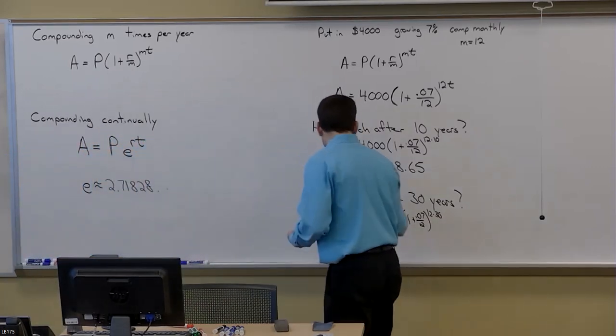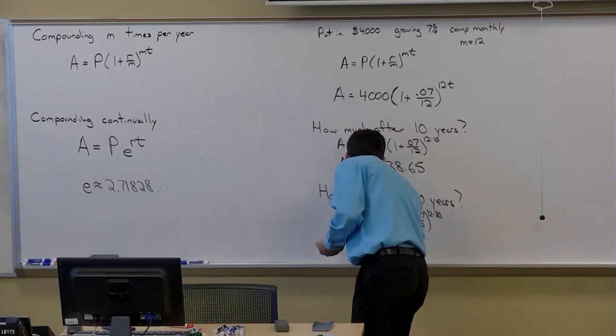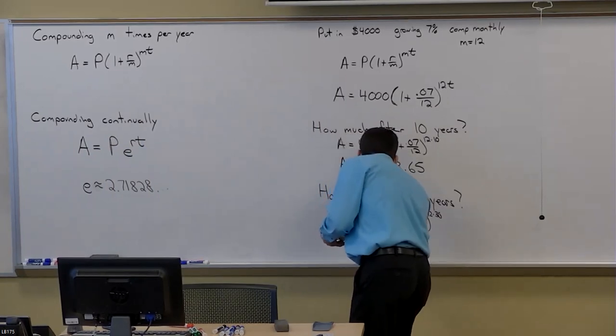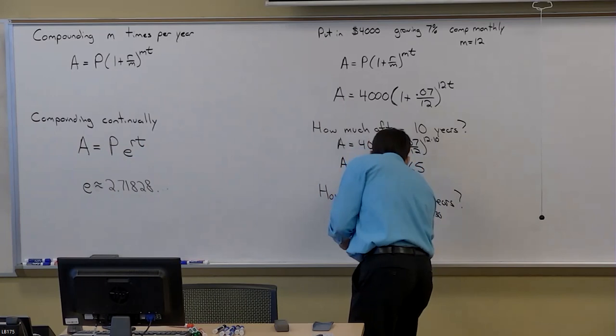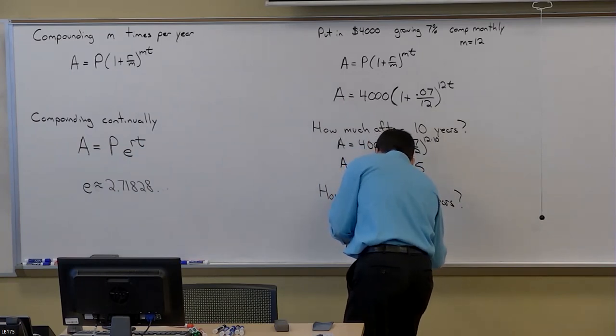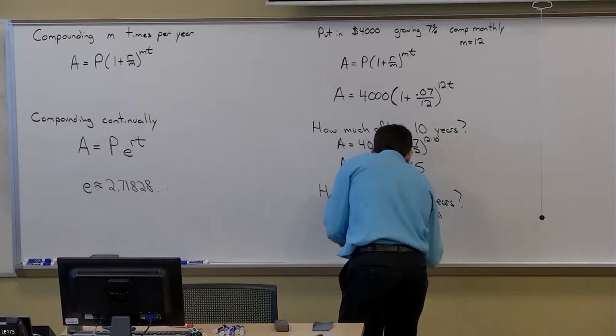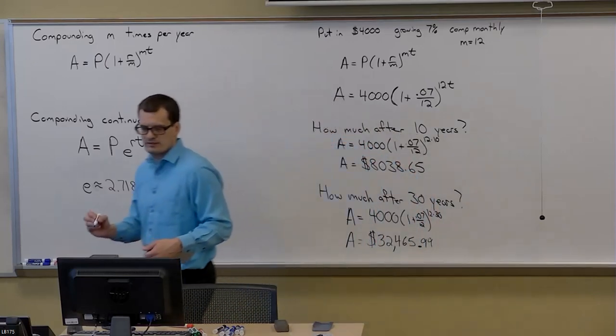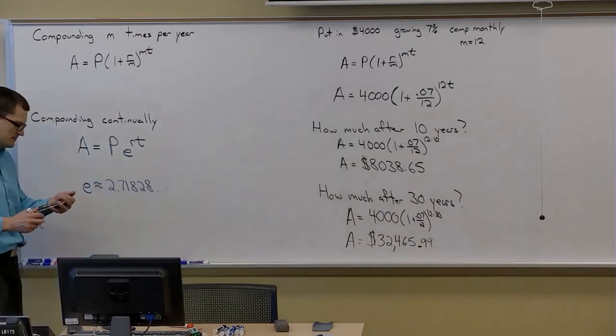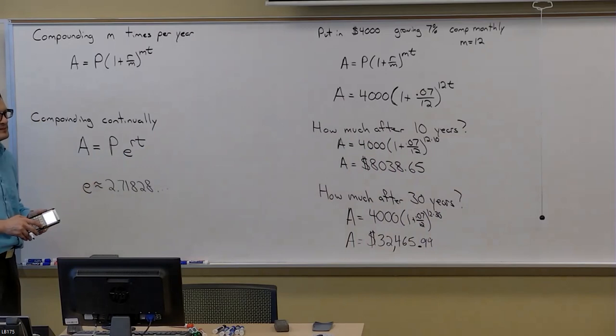And you would end up, after 30 years, having $32,465.99. All right, rounding to 2 decimal places, obviously.